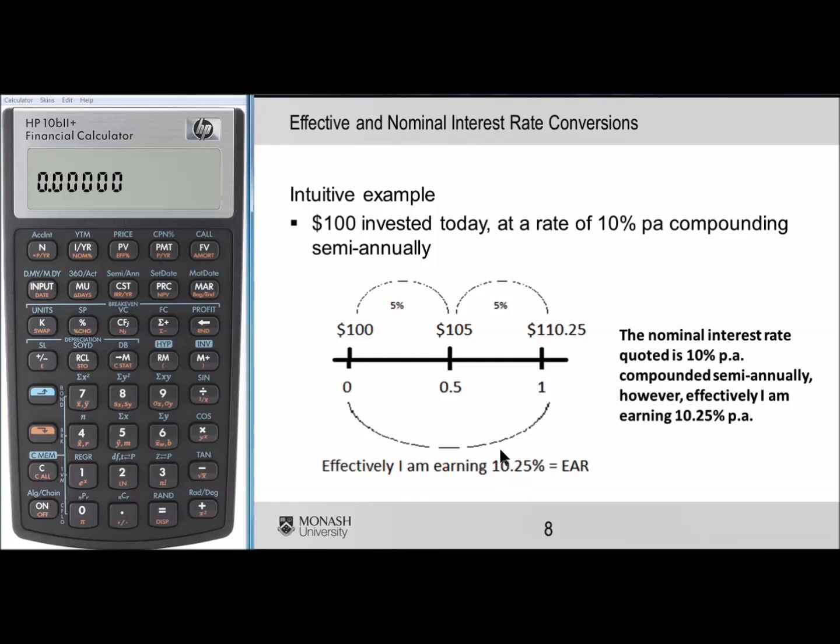And this is EAR. So effectively, I'm earning 10.25% per year, even though the quoted nominal interest rate is 10% per year. This is because the nominal interest rate does not consider the compounding effect.